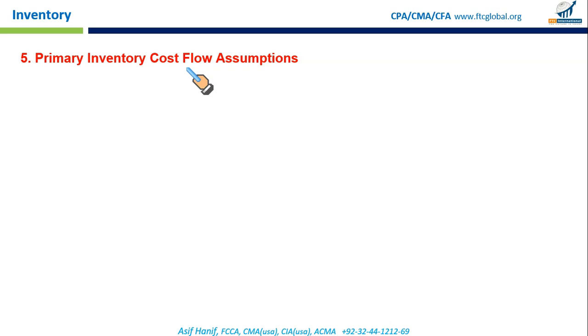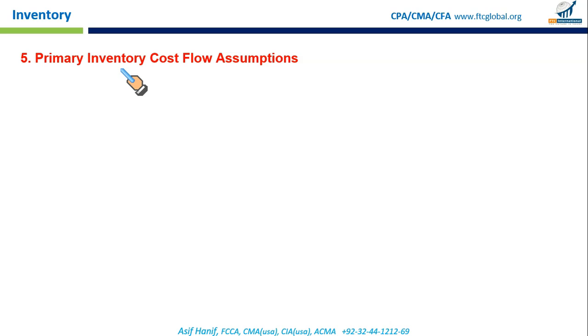The key goal is to choose the method that best reflects the company's periodic income. That's the key point, especially when the company is selling items which are identical. So tracking the exact cost of the individual item is nearly impossible. So companies use various cost flow assumptions, which we'll discuss in detail: FIFO, LIFO, average cost method.